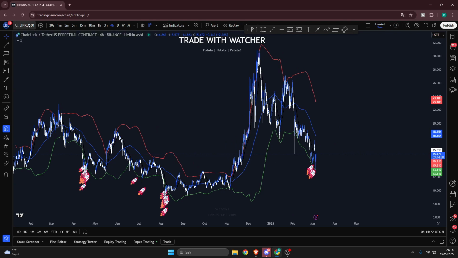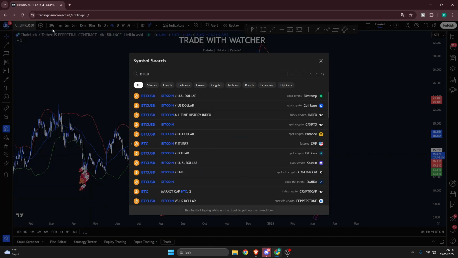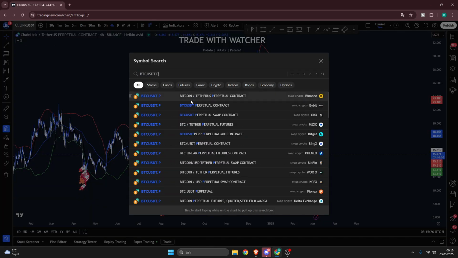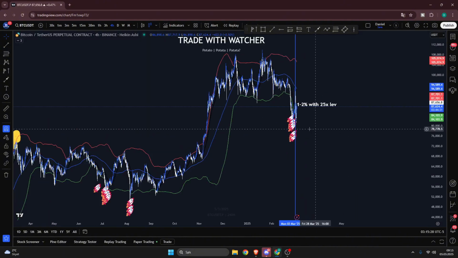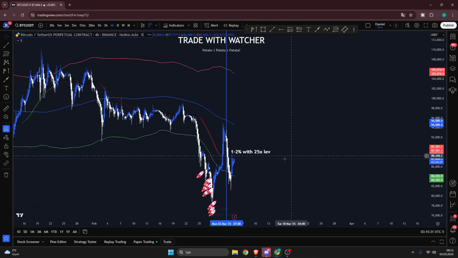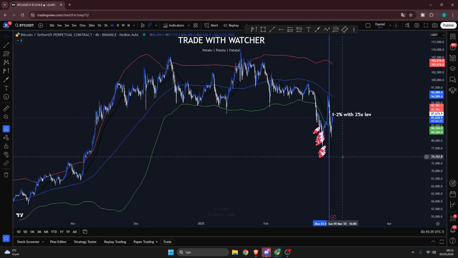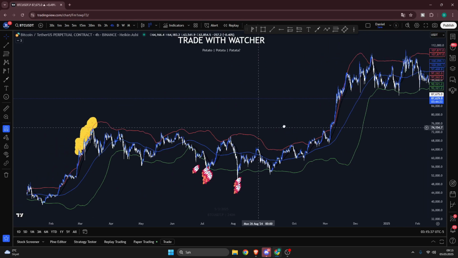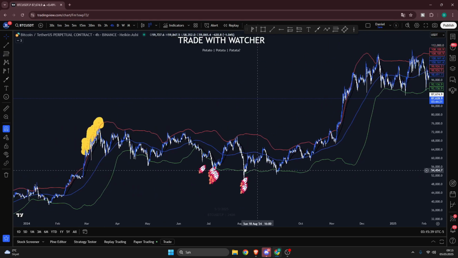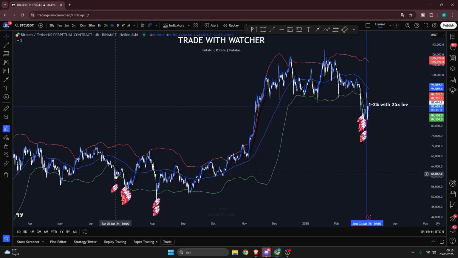You can do this on Bitcoin as well. Bitcoin, BTC, USDT.P, there we go. And we can see that right now on the 4 hour, we got some rockets in here, right? We got some rockets, some good DCA opportunities in here. We're still waiting on moons on BTC. So for example, if you bought in here and here and here on the 4 hour, let's say, then you wouldn't have bought here because this is a worse price than these three.